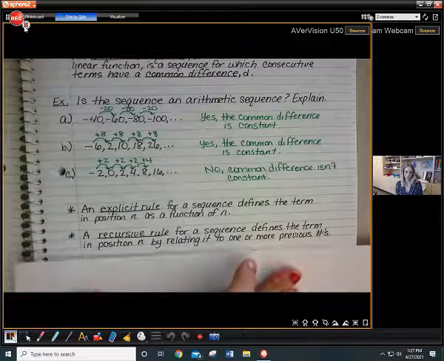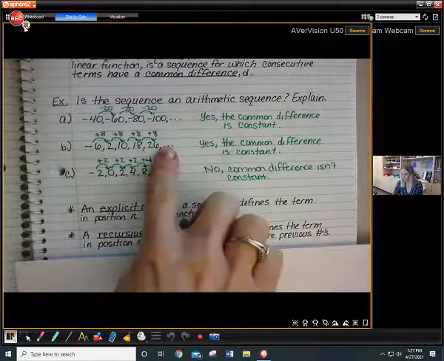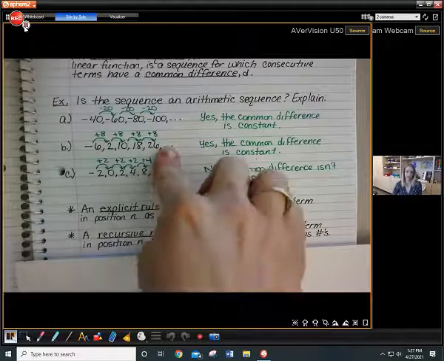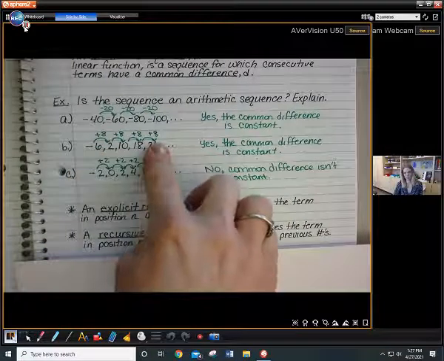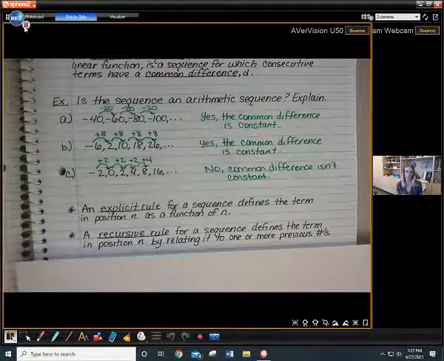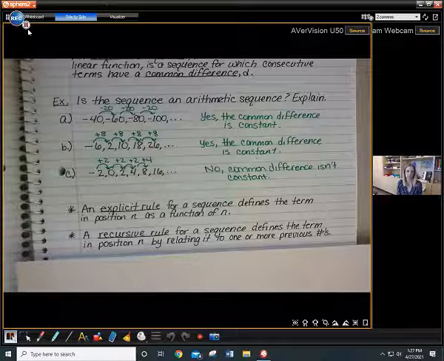We're going to start looking at actually writing rules, because if I asked you guys to predict the 2000th term, you're not going to want to write that out all the way to the 2000th spot. So we're going to come up with rules or equations to help us predict those future terms.